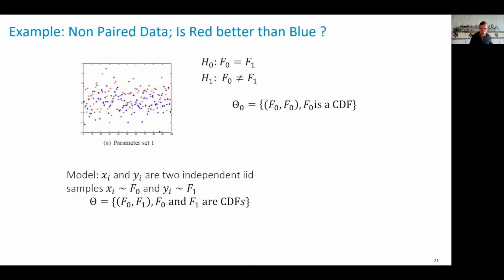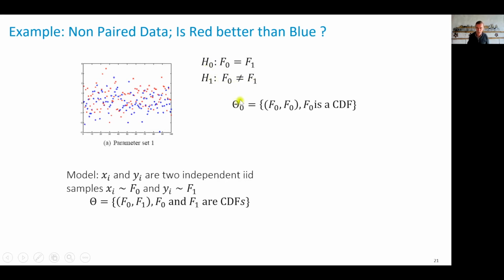For example, take the compiler options example I mentioned a few minutes ago. We could view this as saying the data points I see are the output of a simulator that samples from a distribution, which I call capital F, and there are option 0 and option 1. The null hypothesis is that the two distributions are the same, and the opposite hypothesis is that they are not the same.